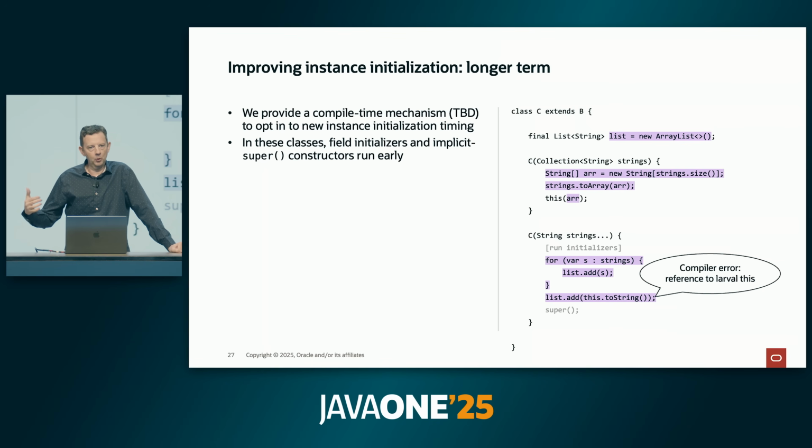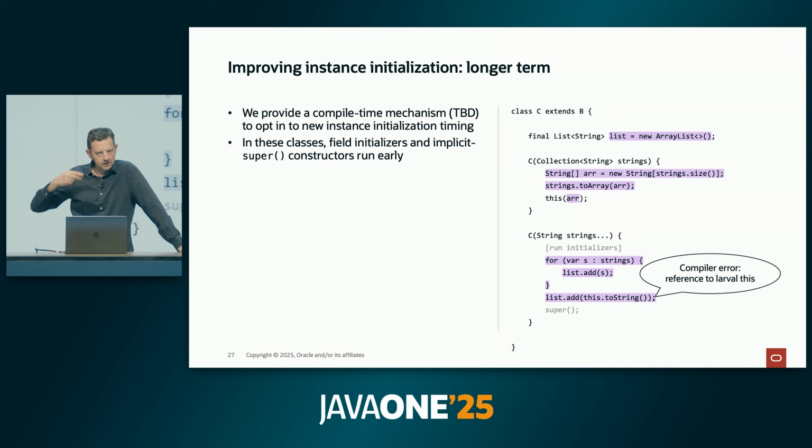Longer term, what we'd like to do is change the timing with, again, some sort of compile time mechanism, so that for certain classes or for certain configurations or something TBD, all of the code in those places I just mentioned, in field initializers, in implicit supercalling constructors, all runs early. And as you can see in the gray there, the initializers still run at the very start.